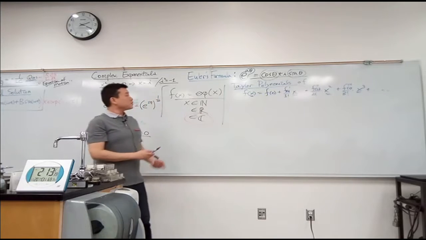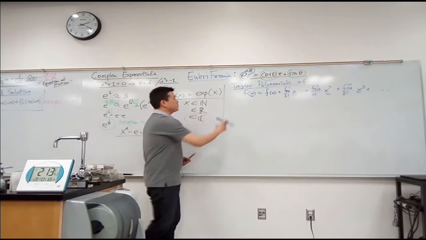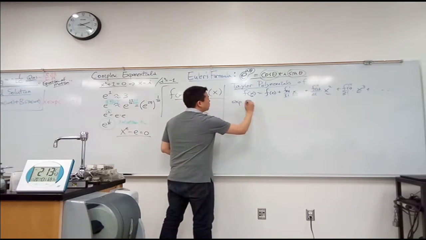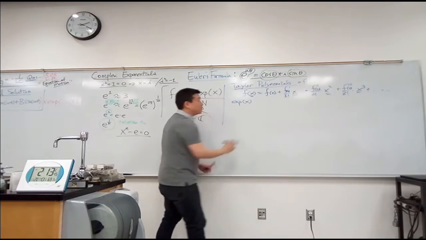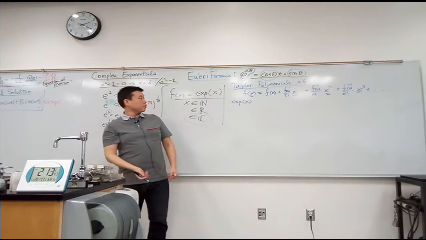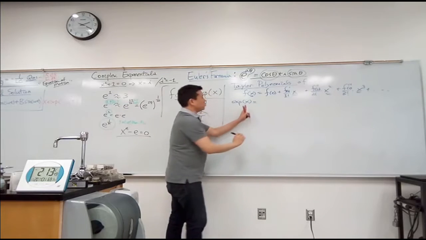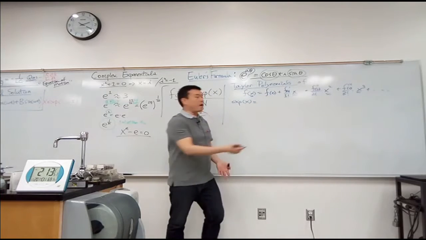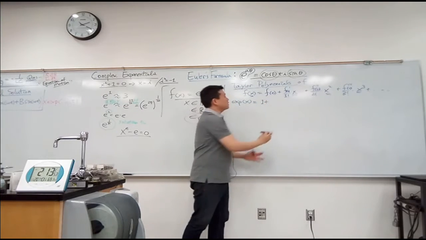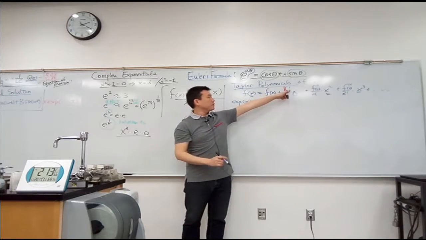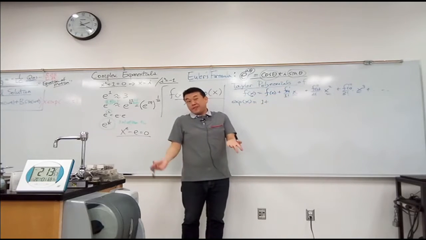Okay, so let me do it for the exponential of x. It's going to be exponential of 0, that's 1, plus, take a derivative, plug in 0, that's another 1.